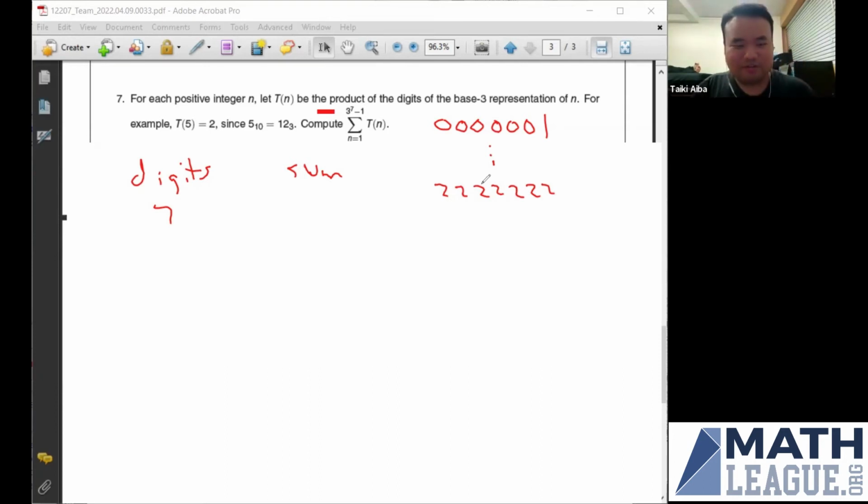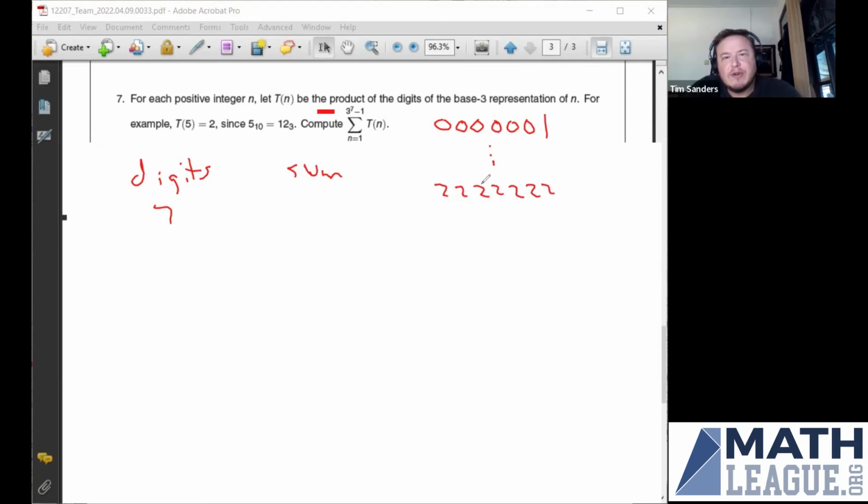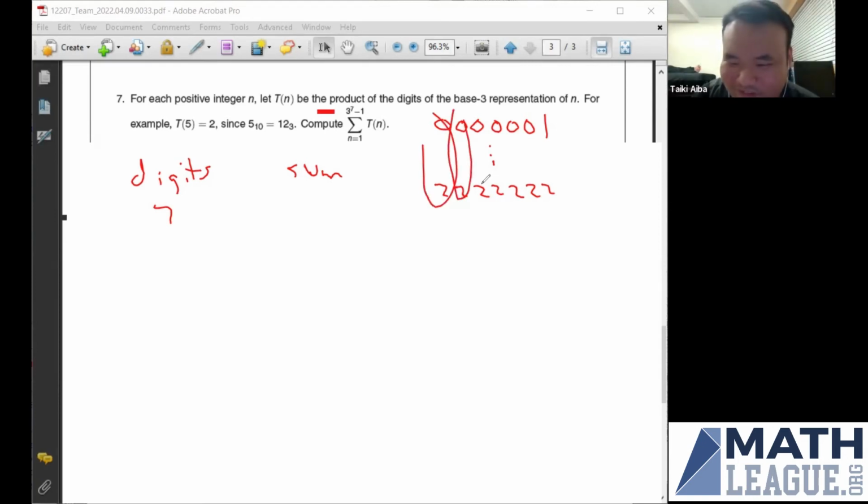You gave me a good idea: if t of n is greater than 0, then the digits are only 1s or 2s. So you can find how many numbers have. Wait a minute, is this just 0 plus 1 plus 2, to the 7th? Yeah, that's another way.